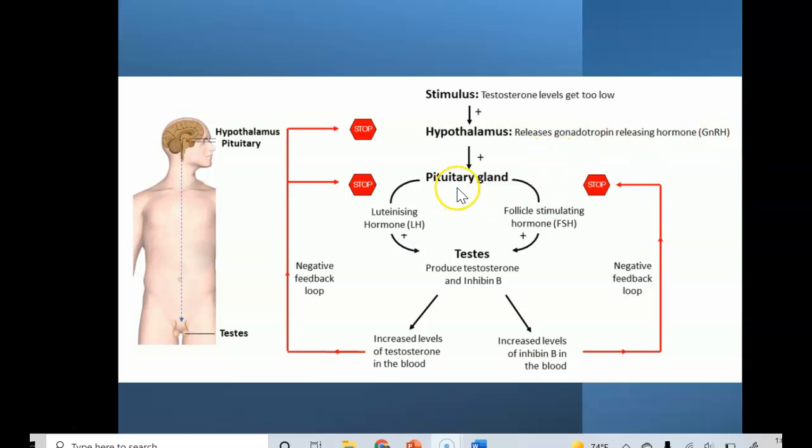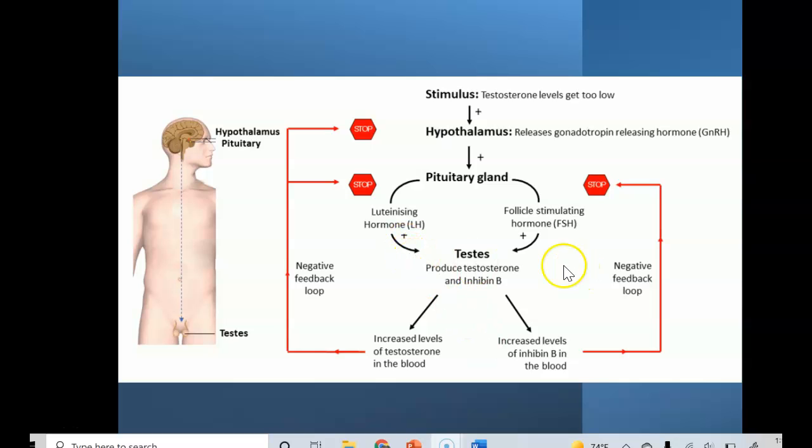That hormone then is going to go through the bloodstream, hit the pituitary gland, specifically the anterior pituitary gland, and it's going to cause that pituitary gland to release two chemicals, LH and FSH. You're going to see these two hormones involved again when we talk about female reproduction, but we're just looking at how they affect males right now.